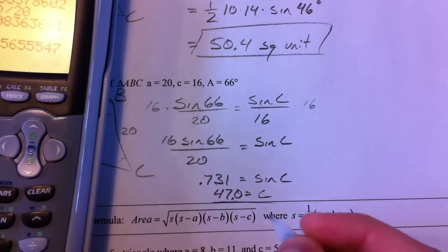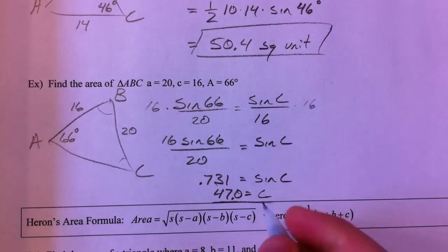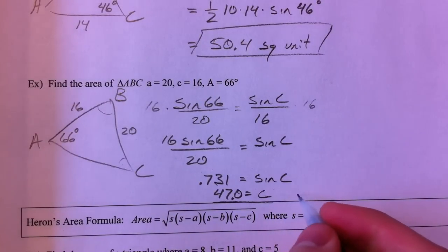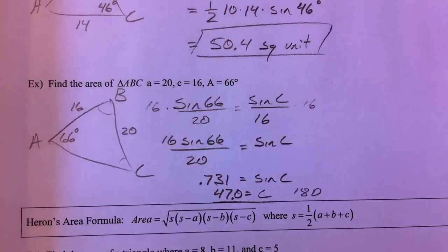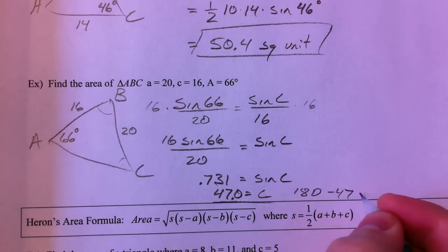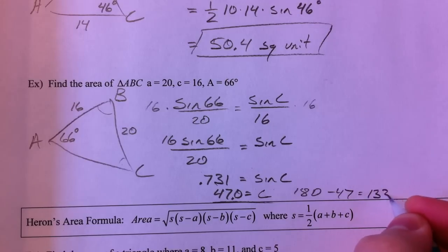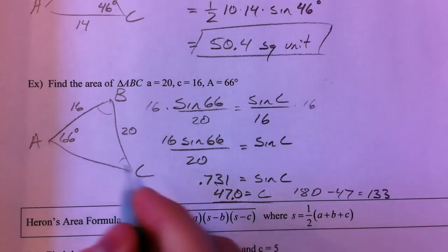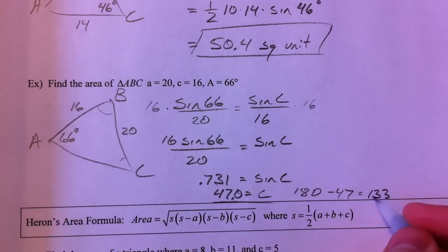is angle C. So because we have the sine, you always have to double check 180 minus your angle, 47. So you could have another possible triangle with a 133 degree angle in it. However, if you add that plus your 66 that already exists, that's not possible because you're already past 180.